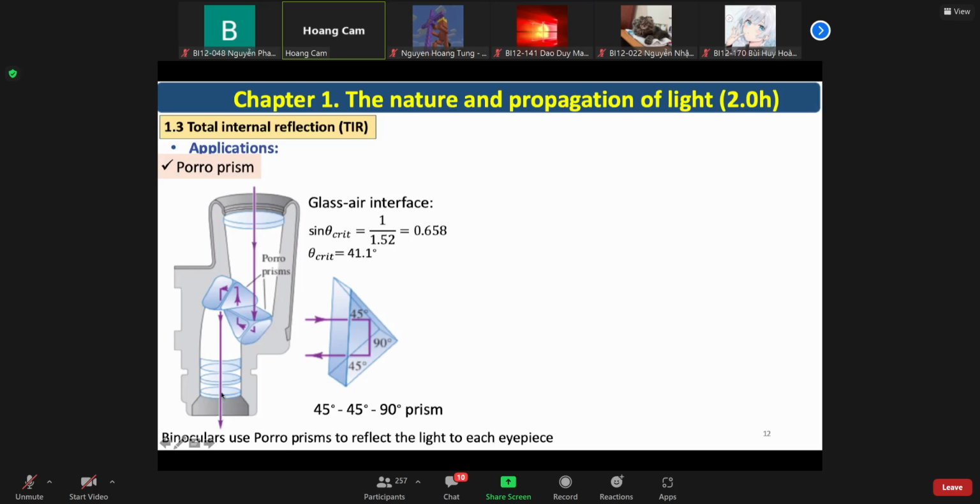So we see that the binoculars use porro prisms to reflect the light to each eyepiece, and then you can observe the object. So it is how TIR is exploited in order to observe the object. Yes, it can be used for the enemy, for example.